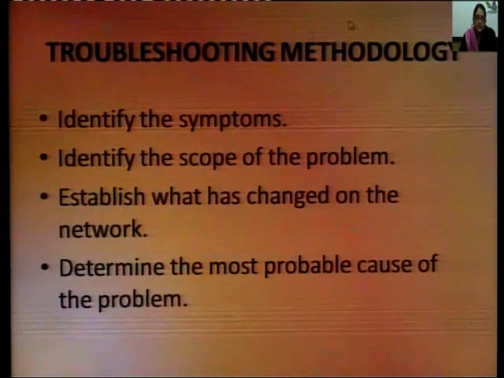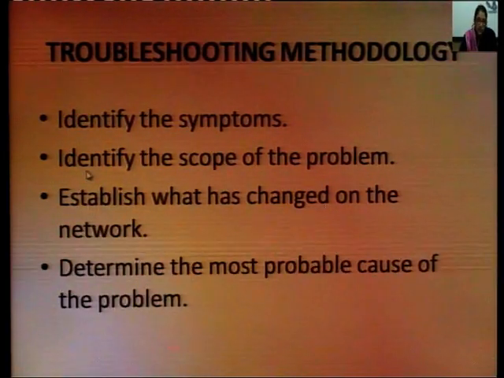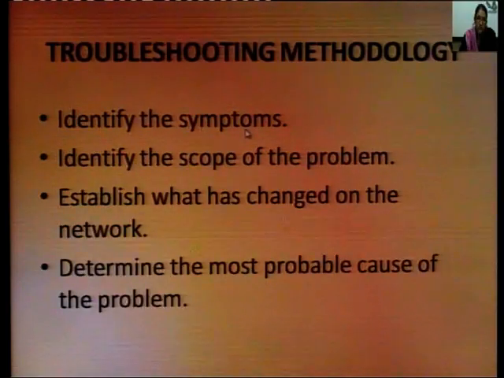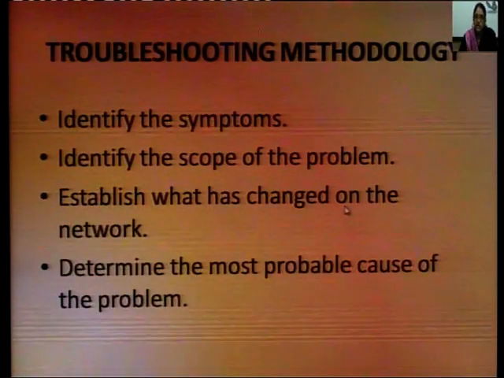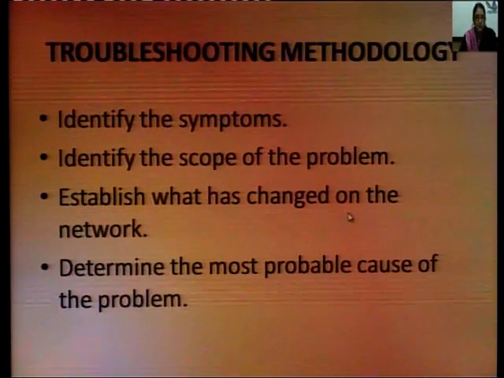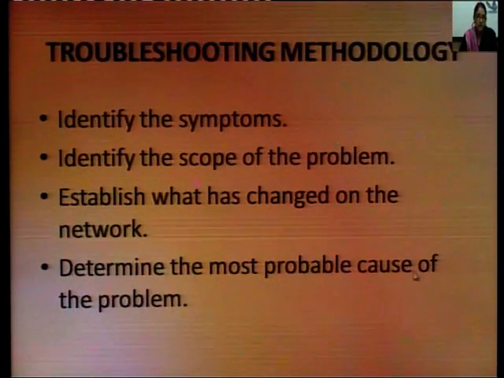Next comes the troubleshooting methodologies, which cover the following steps. First is to identify the symptoms of the problem, identify the scope of the problem, establish what has changed on the network, and determine the most probable causes of the problem.